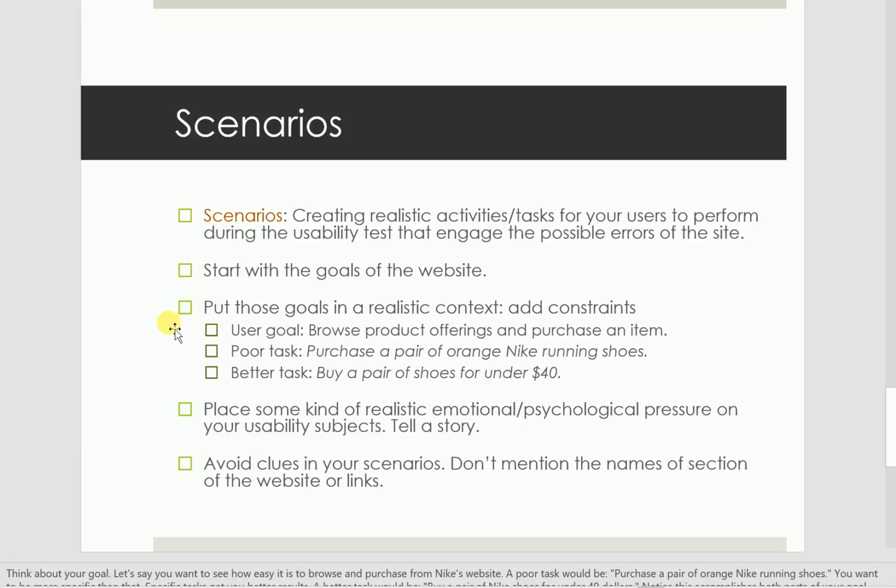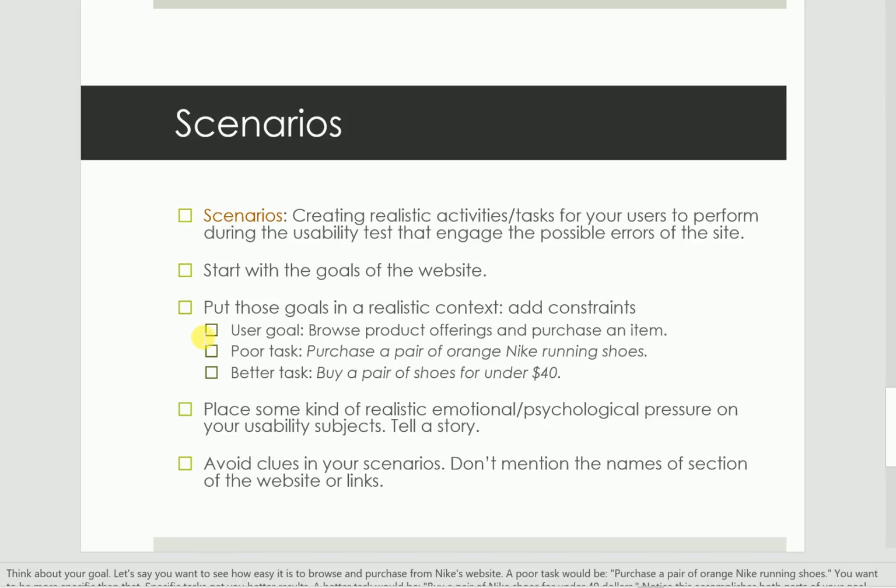Okay, so we're going to think about the goals of the website, of the Nike website in particular, and you're going to add constraints to that goal. So your user goal, let's say, is to browse product offerings and purchase an item through the Nike website.